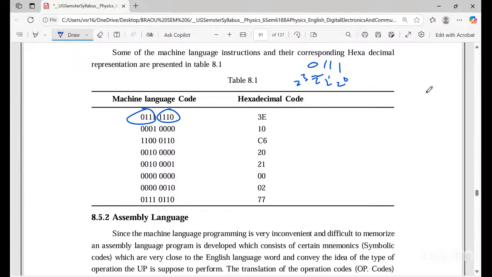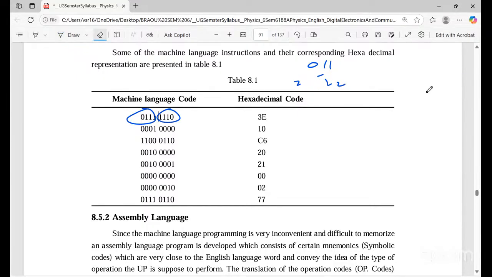That is not correct, I think. 0, 1, that is 3. So 1, 0. Like that.